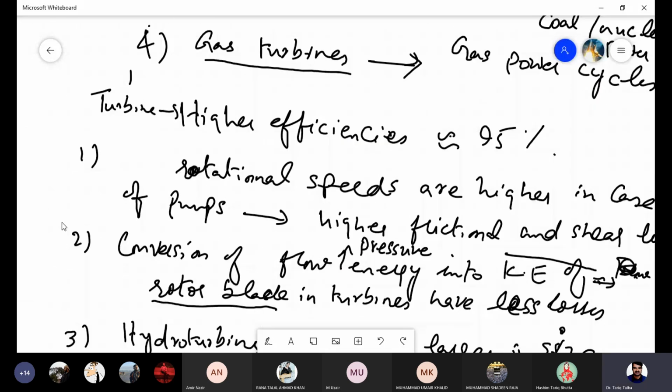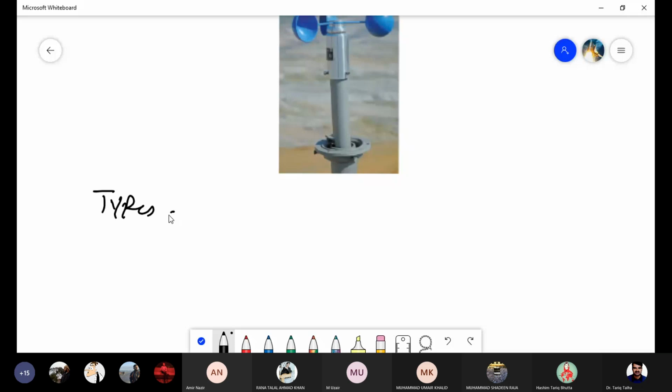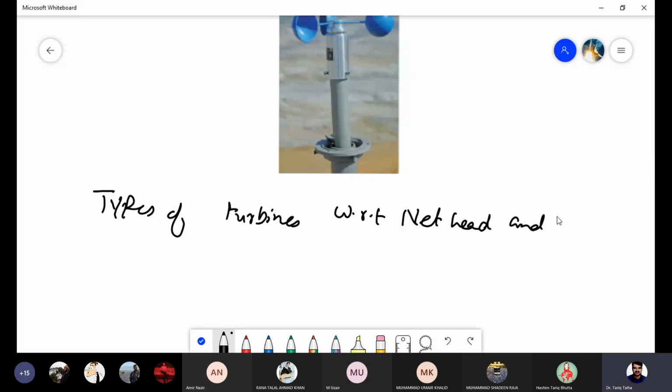Now we have another type of turbines with respect to net head and volume flow rate.